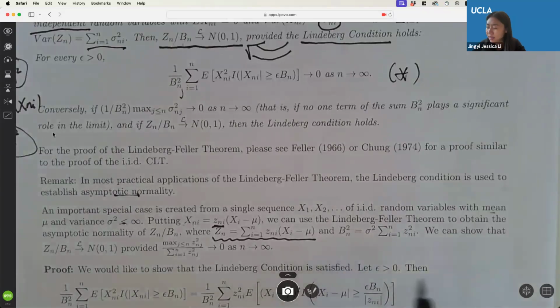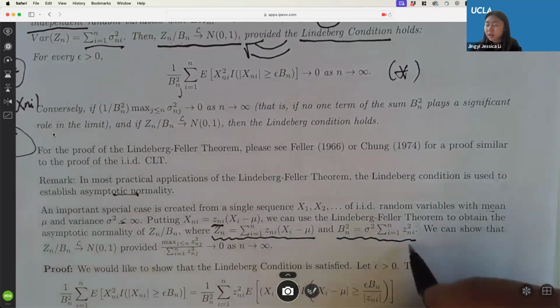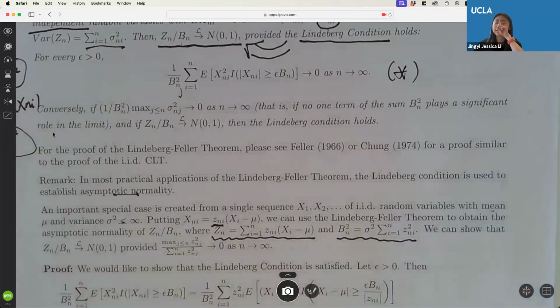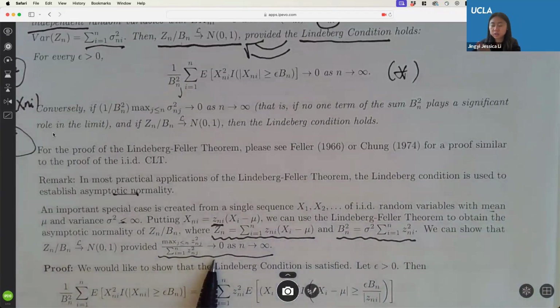And therefore Bn squared, the variance of Zn, will take this form: sigma squared times the sum from i equals 1 to n of z_ni squared. We can show that Zn over Bn goes to a normal, provided this holds, and this is to satisfy the Lindeberg condition.